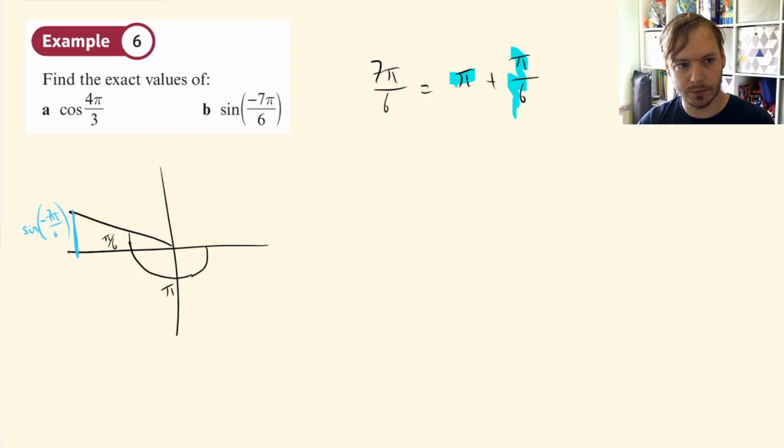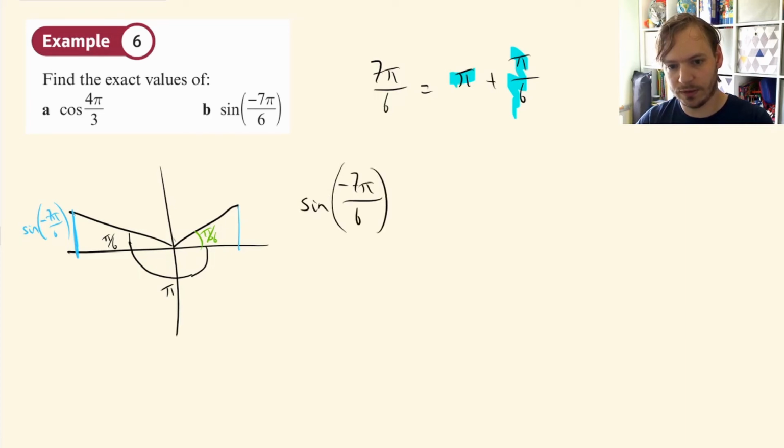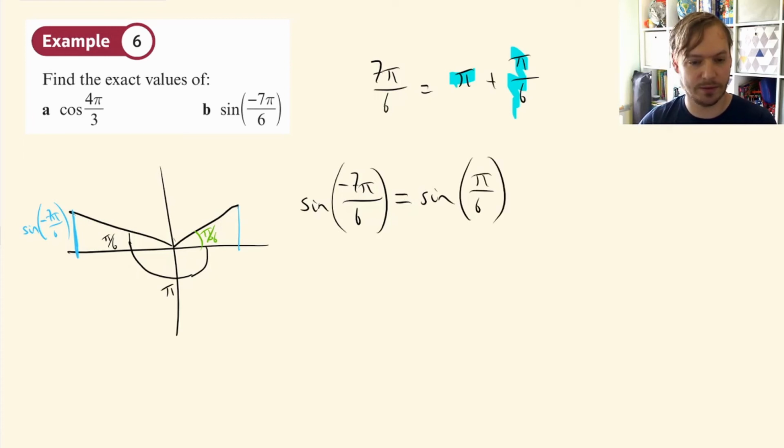What we want is this one over here, which has the same height, and this angle then is going to be pi over 6 because of the symmetry. So we now know that sine of negative 7 pi over 6 must be the same as sine of pi over 6. They must be exactly the same because of the symmetry on our CAST diagram.